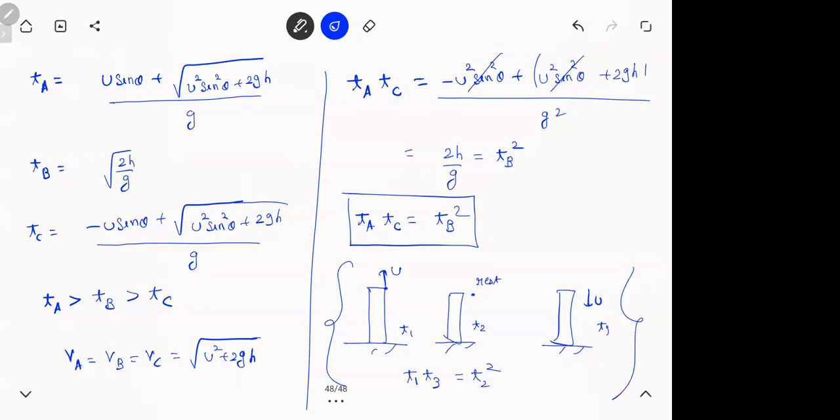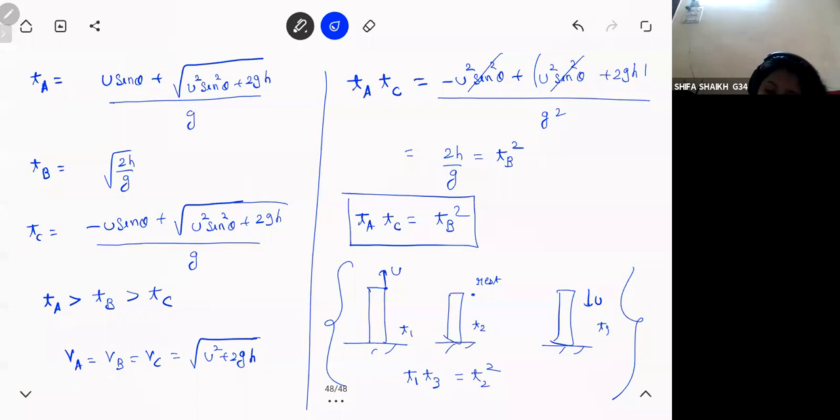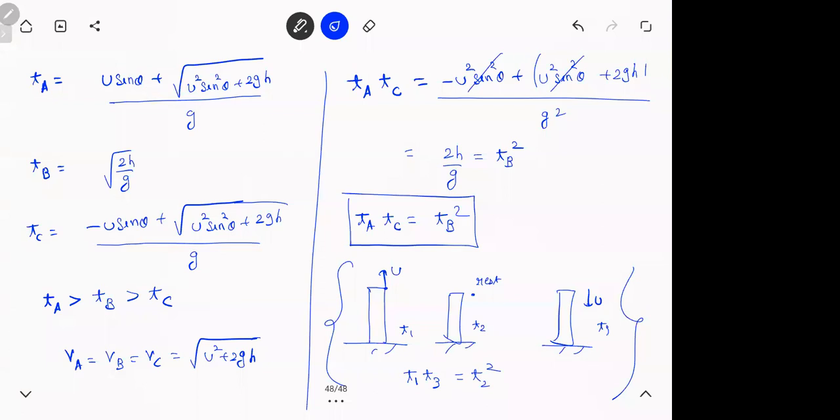This was the result in 1D, which I told you is important to remember. That result is still valid in projectile also. Have a look at this. Ask me if there's any confusion on this particular part. Any small thing that you didn't get, please do ask me. Get it clear. Don't hesitate.